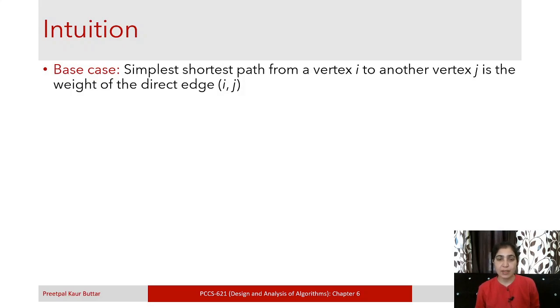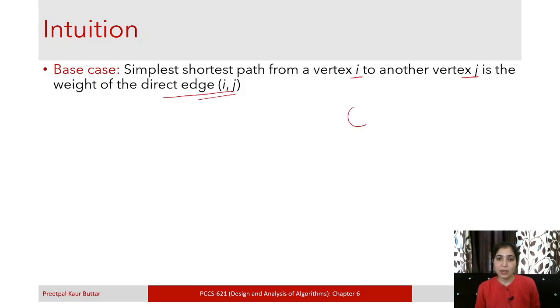So there is a base case and there is a recursive case. First of all, let us talk about the base case. The base case is that the simplest shortest path from vertex i to another vertex j is the weight of the directed edge i, j.